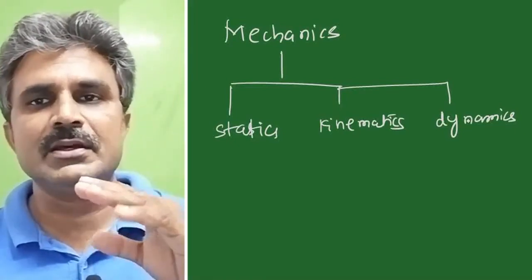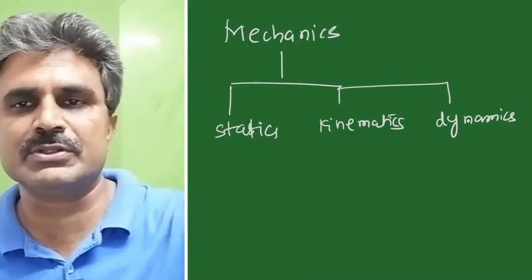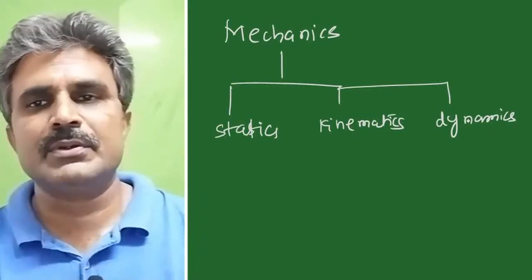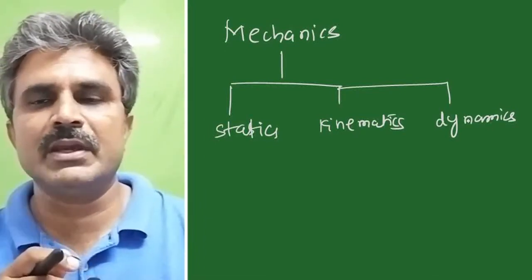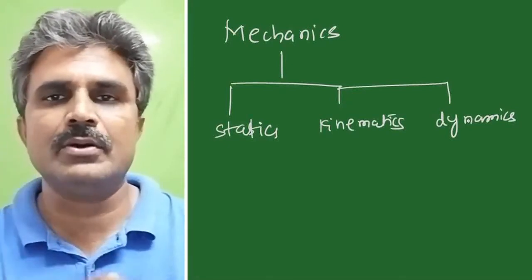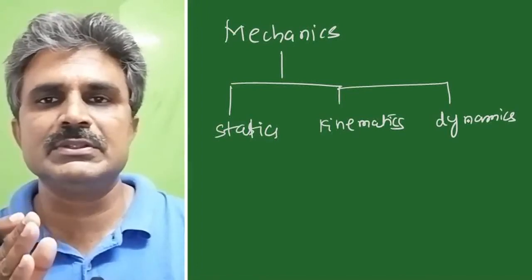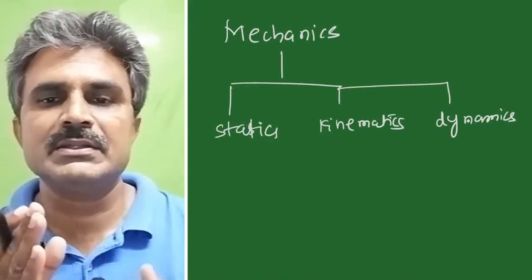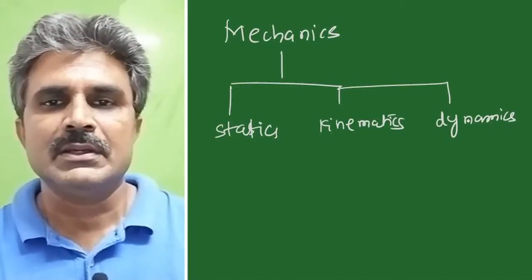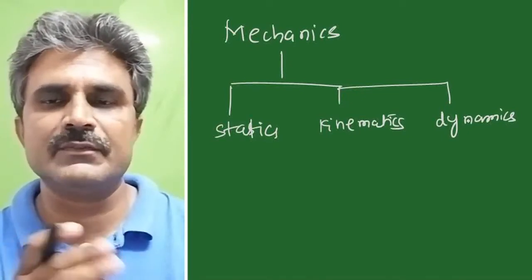We will study the motion of the ball from the hitting position to the reaching position, but not the hitting type, whether I am hitting by hand, or by a stick, or by a bat, and how much force I have applied. This won't be considered under this study. So on the whole, kinematics is a branch of physics which deals with the motion of the object without considering the cause of the motion.